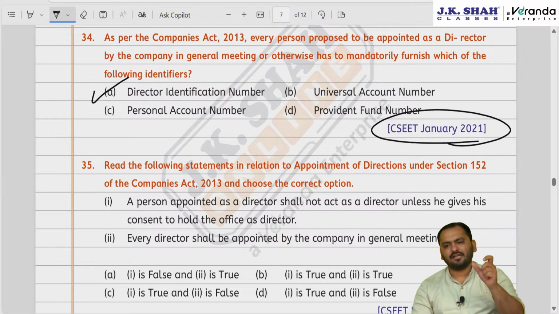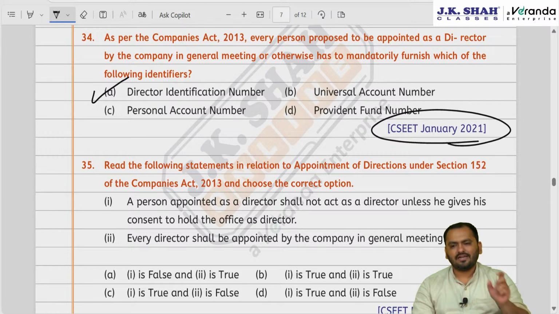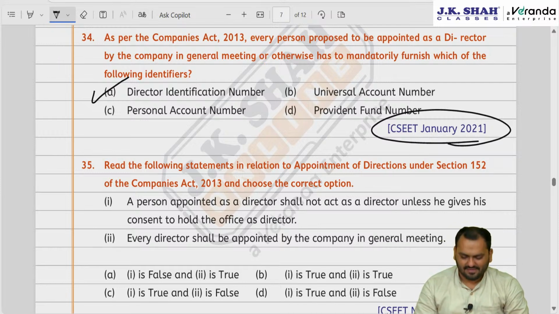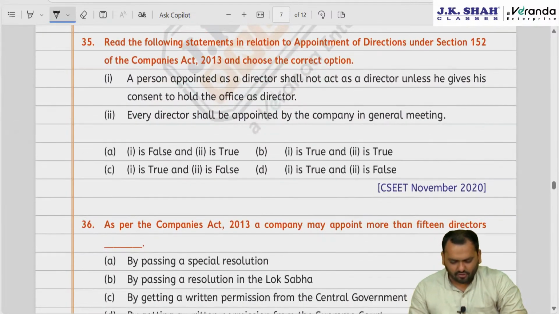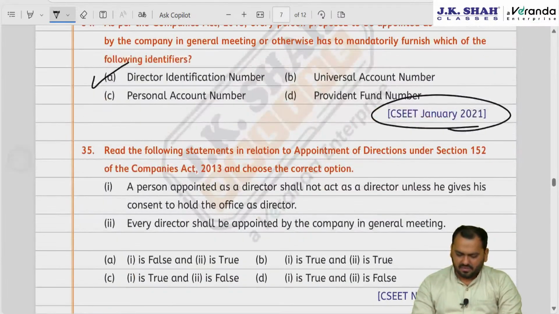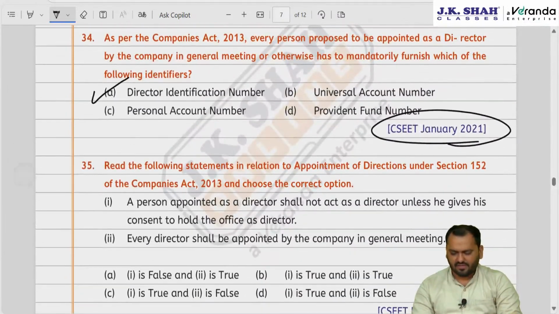DIN is an 8-digit number, and Ratan Tata ji's DIN was number 1, seven zeros and 1. Unfortunately, India lost him very soon. But yes, he was very, very exceptional for all of us.